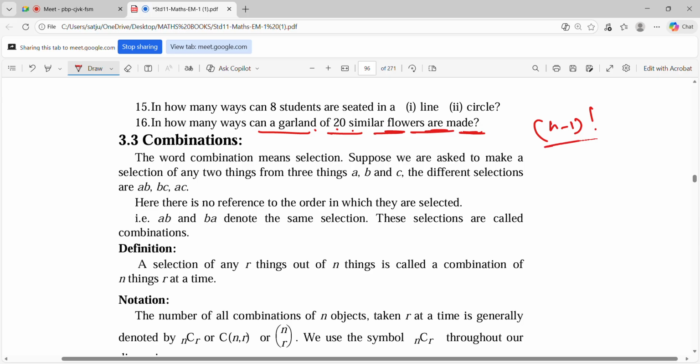N minus 1 factorial by 2, that is 19 factorial by 2. 19 factorial by 2 only, right?